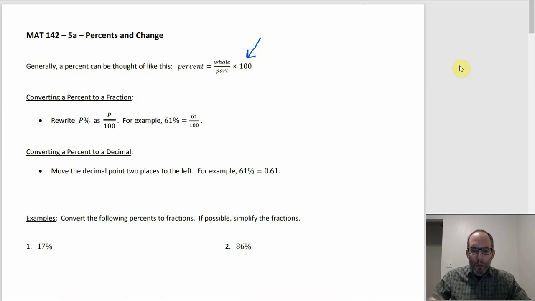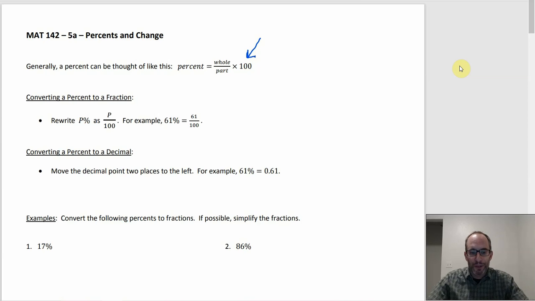So you can just divide the percentage, whatever value you've got, by 100, and then if that fraction reduces, so if the numerator and denominator have a common factor, then you can factor that out and reduce the fraction a little bit, which you can't always do. The example that's there, 61% equals 61 over 100. 61 and 100 don't actually have any common factors, so that one you couldn't reduce.